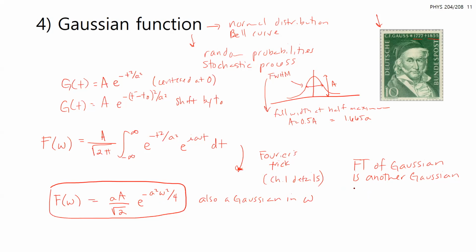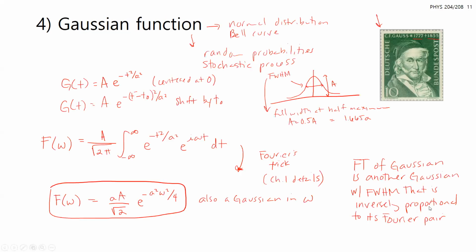So that's telling us that the full width half maximum of the Fourier transform is going to be inversely proportional now that it's in the numerator. That's the key takeaway here.